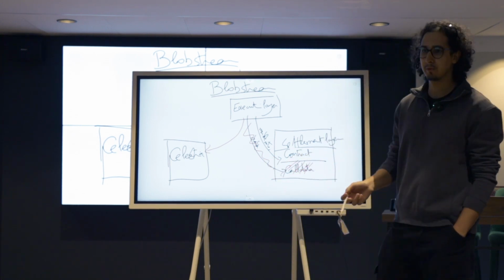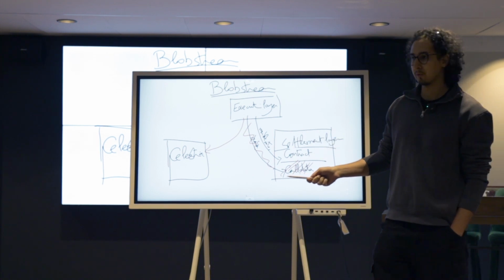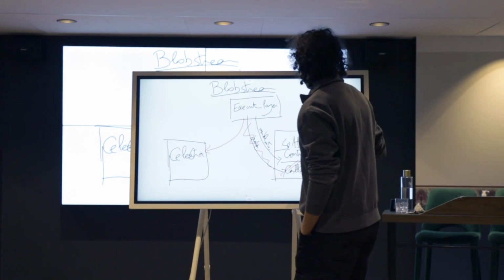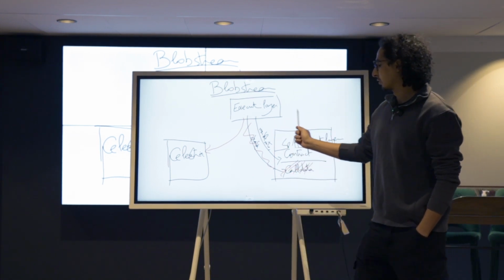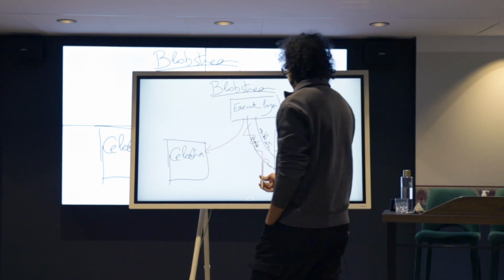So basically what we are doing is that we are reducing the cost to operate your rollup, your execution layer, via sending the data to Celestia instead of committing to it in the call data.